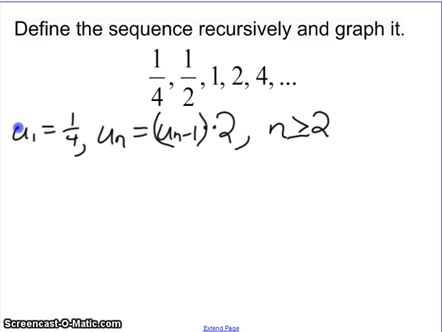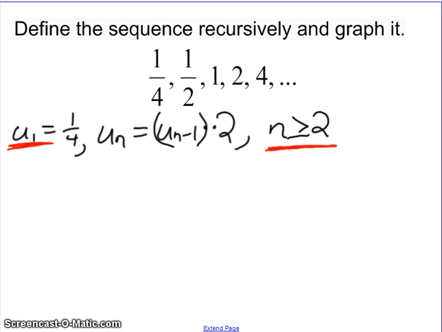Because we're starting with the first term, okay? So if I'm taking a formula that is based on the previous term, you have to have a starting point. Since the starting point is the first term, then the formula is good for every term that comes after that. Since the first term is the number 1 term, n is greater than or equal to 2.